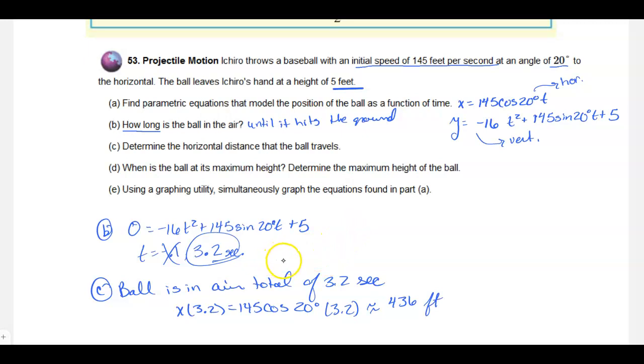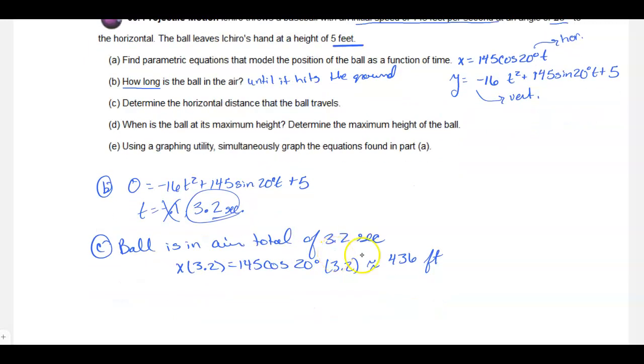Part D is asking us to find the maximum height. So let's think about how we're going to do that. If we're talking about maximum height, we're talking about vertical distance. So we're talking about the peak for this equation here.